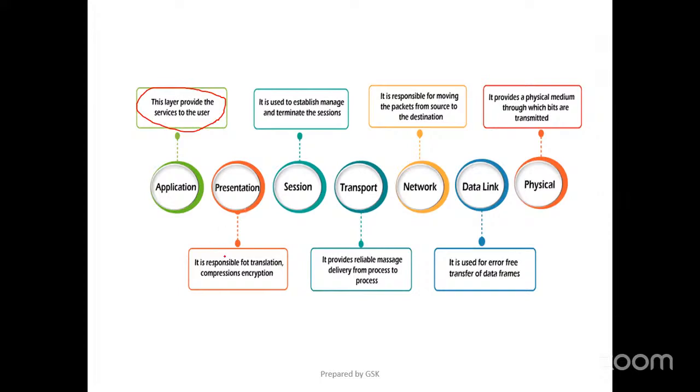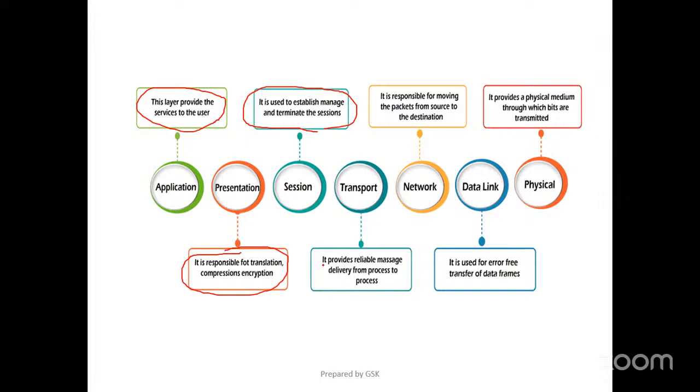Presentation layer: it is responsible for translation, compression, encryption, and decryption. Session layer: it is used to establish, manage, and terminate sessions. Just try to remember at least these words, then you will get an idea about the functionalities.